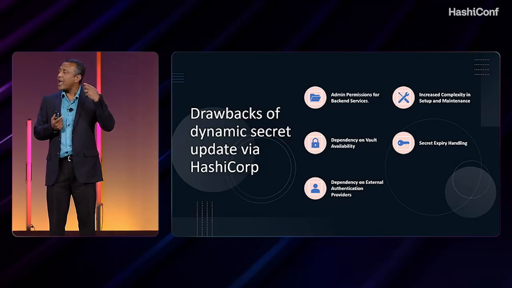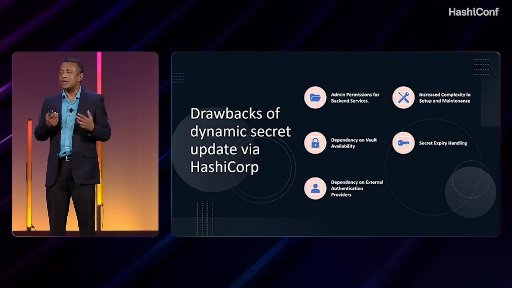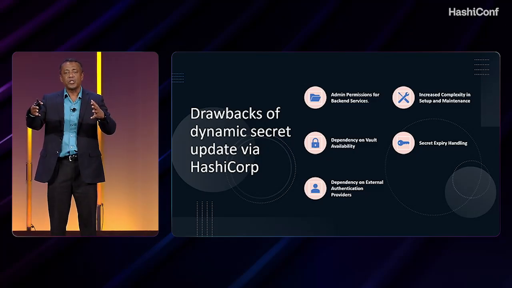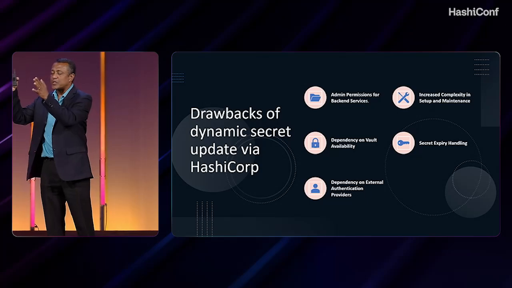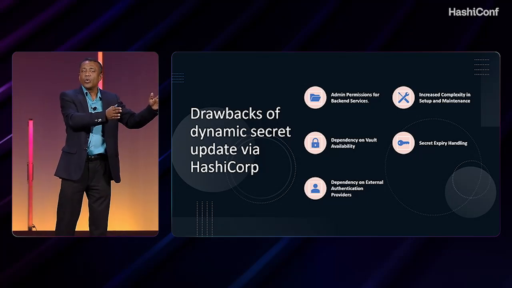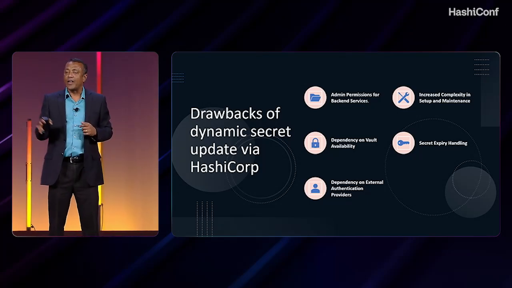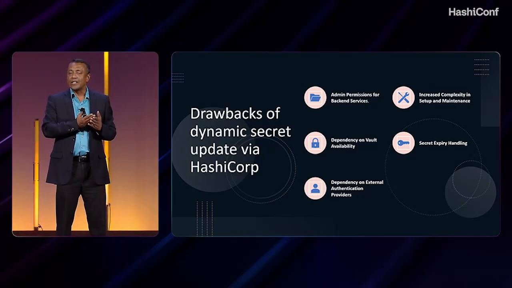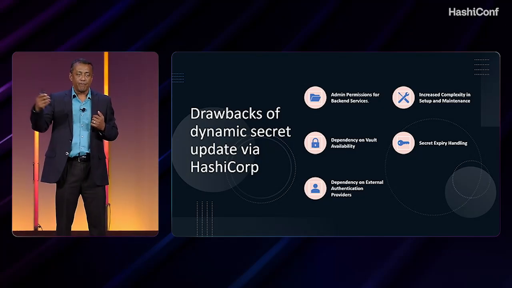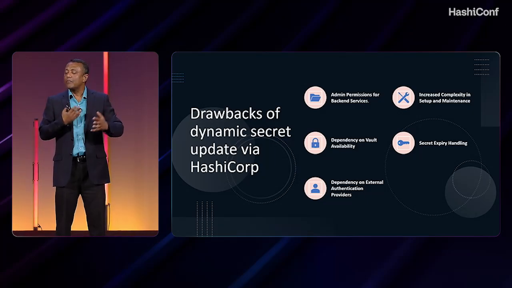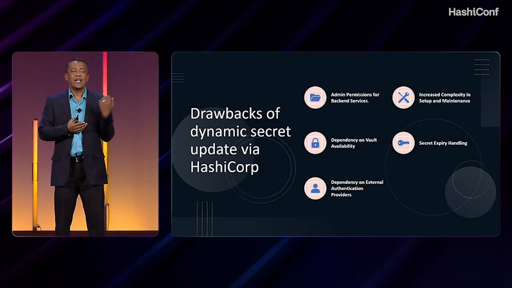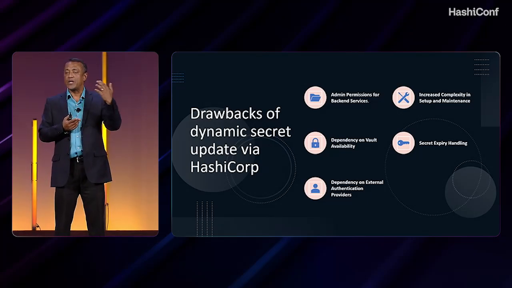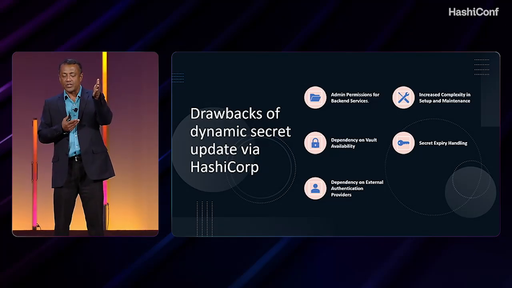Sometimes in the enterprise, they don't allow this. There may be a large team for Mongo, a large team for Splunk, a large team managing Grafana. These teams may not allow Vault to generate the secret dynamically for them, so the enterprise may not allow that. That is one of the challenges. But this is not a Vault issue. This is an enterprise issue, right? How the enterprise policy works.